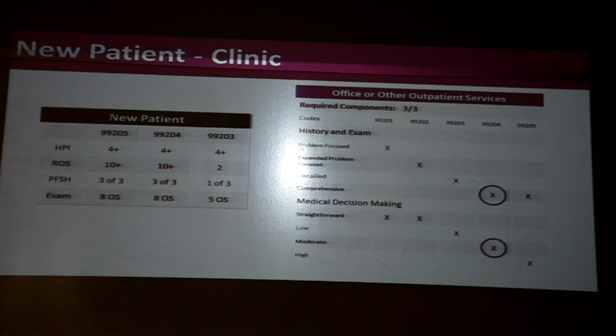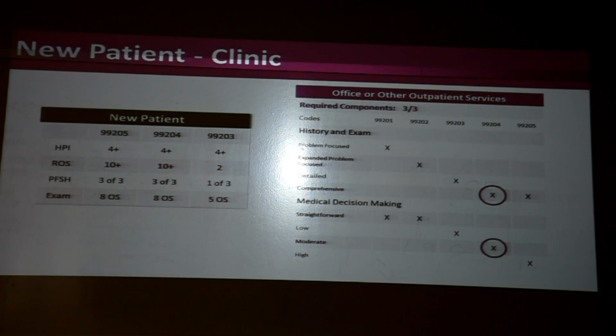And then the exam, that's one area where we rarely see down codes in the urgent care. Your documentation is really good on the exam. For that higher level, you need 8 organ systems. You'll see over here on the 4, history and exam is comprehensive, which is what I just described, yet the medical decision making is moderate.